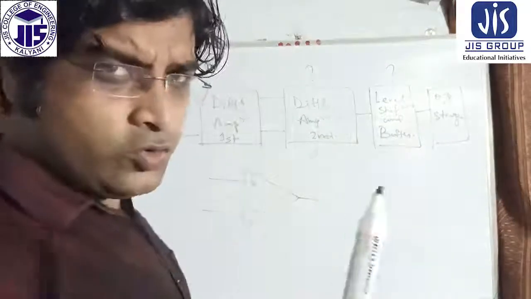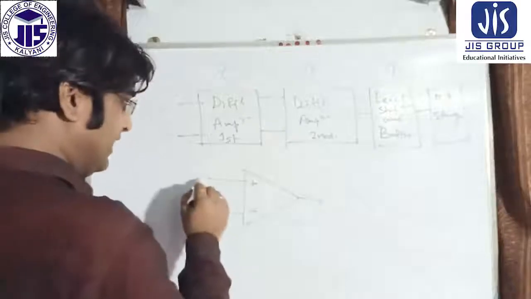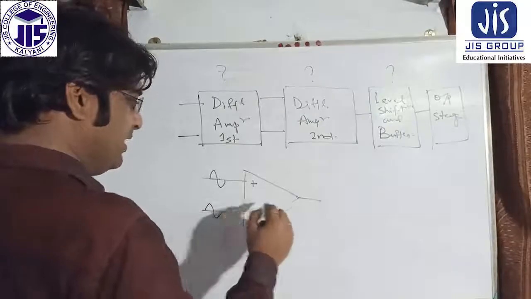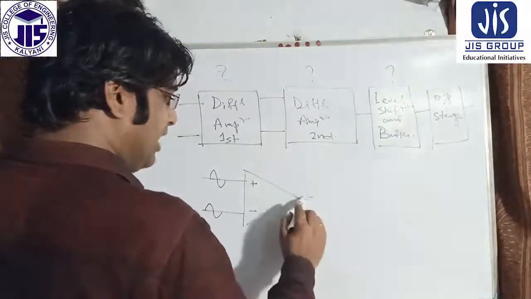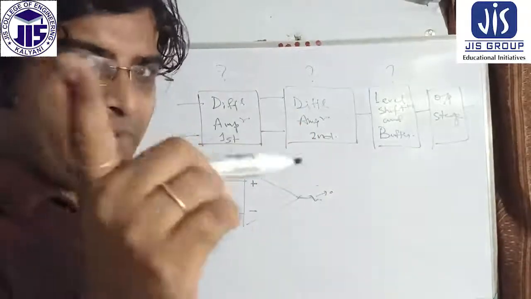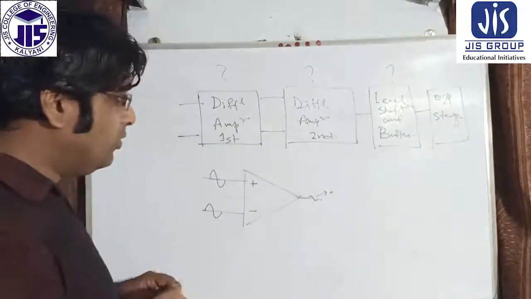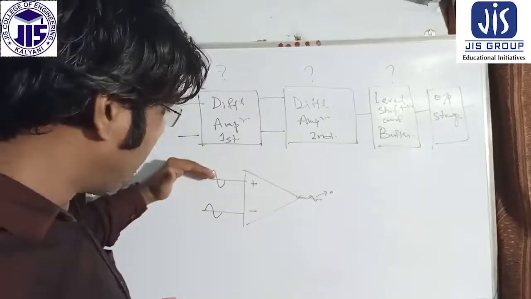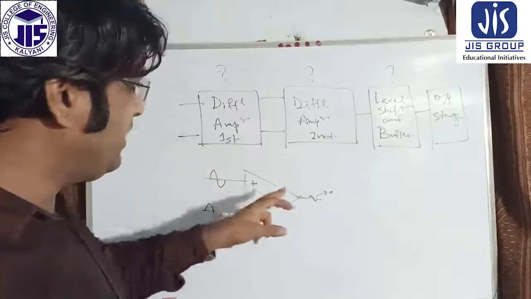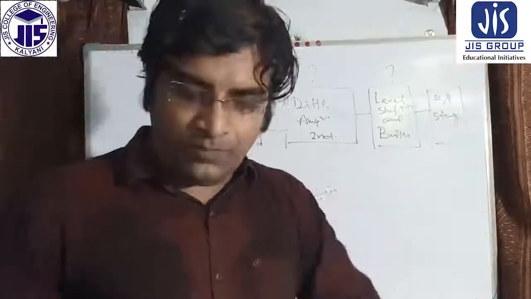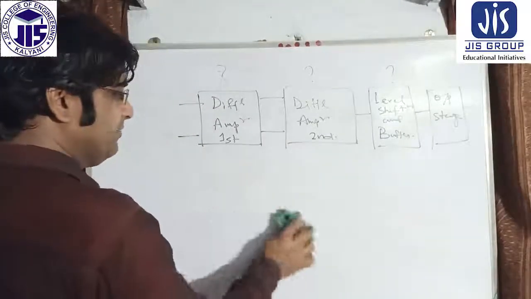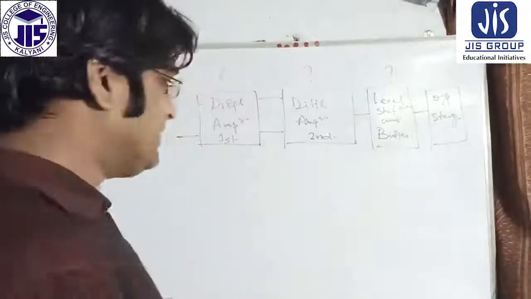I have already gone through the first and second lectures of the operational amplifier. If I introduce the same signal here, this output tends to 0. I think you remember it. So if I introduce the same signal at these two, the output tends to 0. For that point of view, I want to explain one very important thing using the transistor, then you can understand these things.